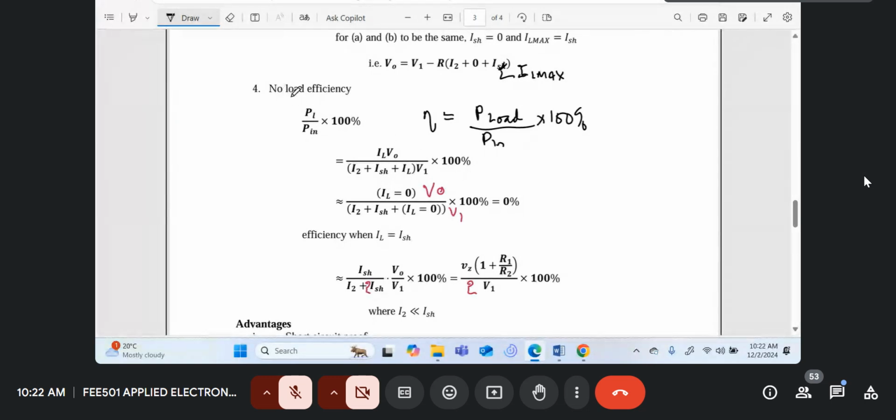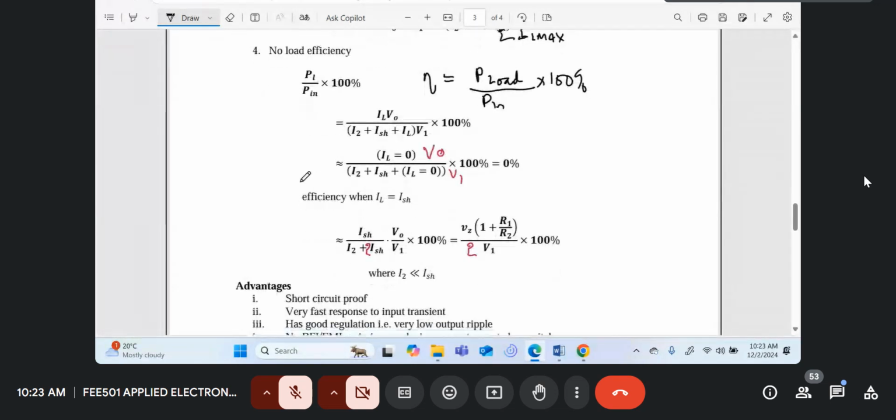But since it's a no load efficiency, IL is equal to 0. So V naught is missing over here, all divided by I2, I shunt, and IL equal to 0, into V1. So the no load efficiency of this circuit is 0% because the numerator is 0.